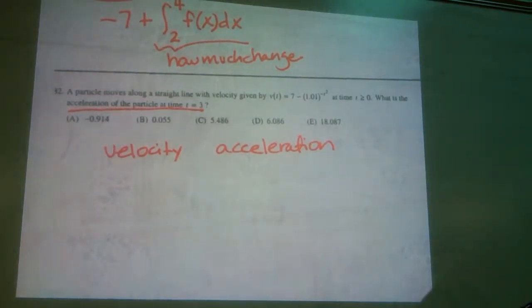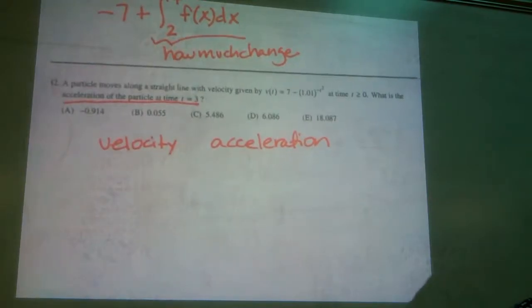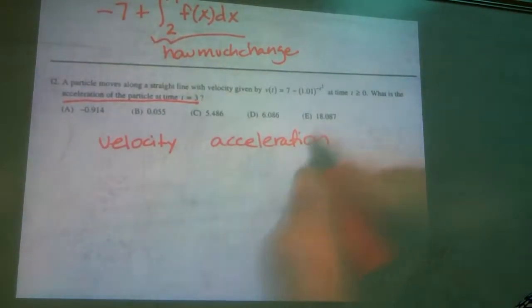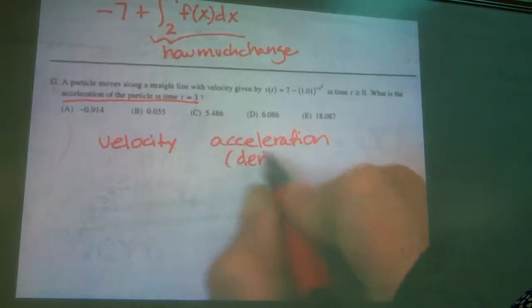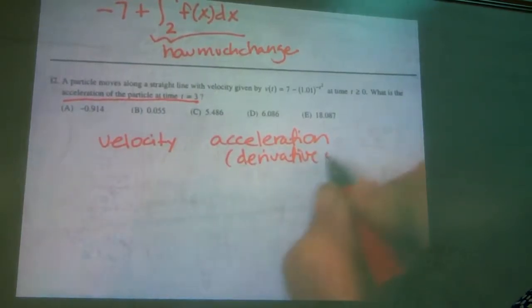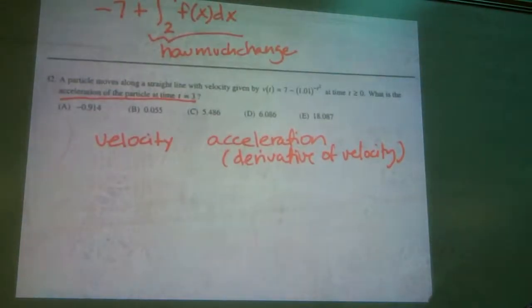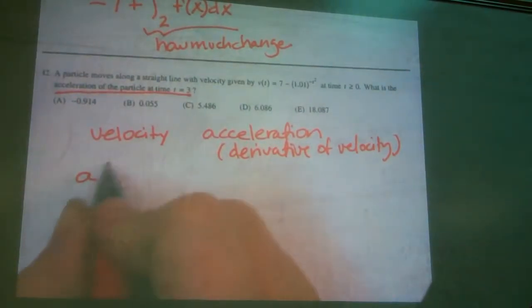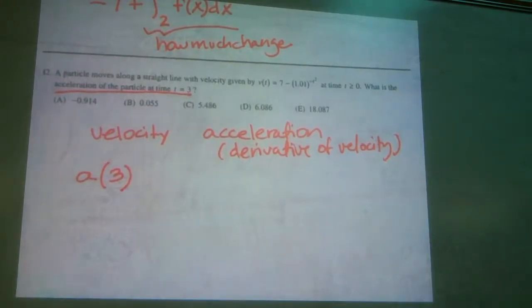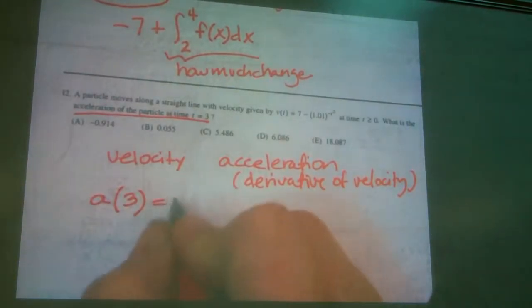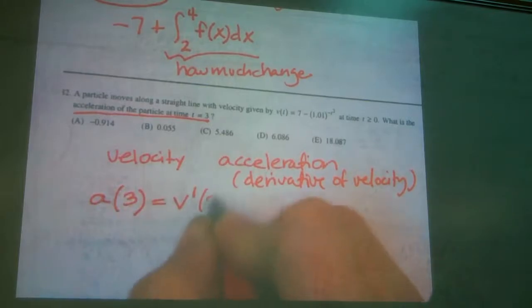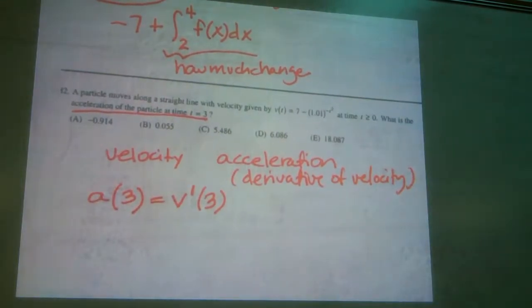Is it position, velocity, acceleration? Yes. So we take the derivative of velocity, right? If it's asking me the acceleration when t is 3, it's asking me to take the derivative of the velocity at 3. Those mean the same thing.